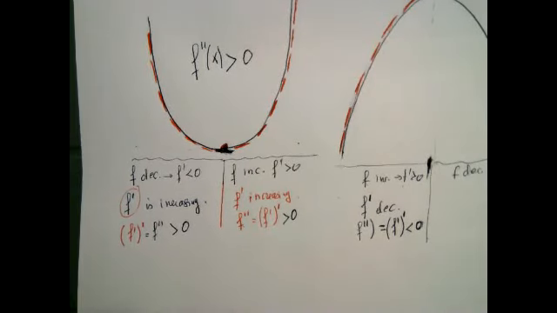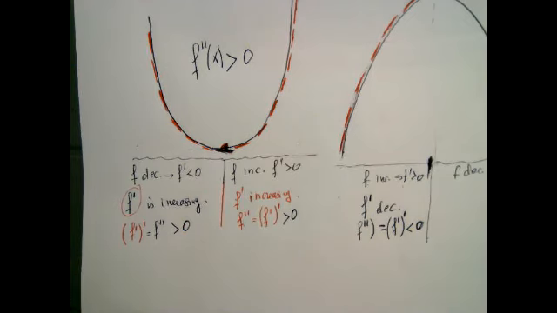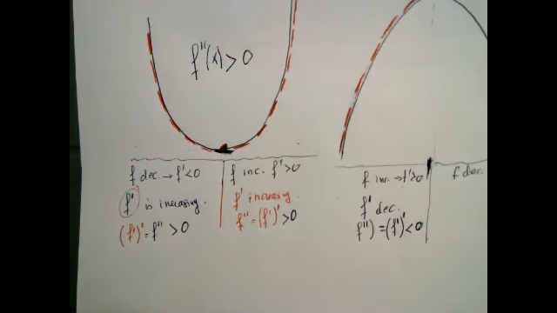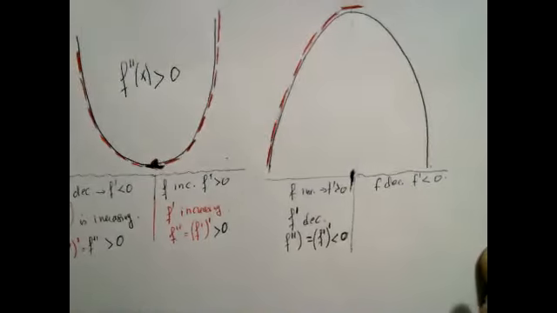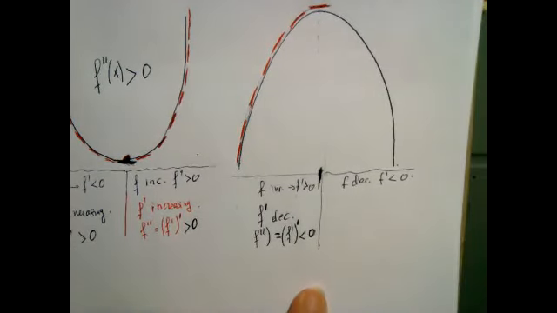Okay, so having a positive second derivative is really telling us about the concavity of the function, whether it's concave up or concave down. That's crucial.